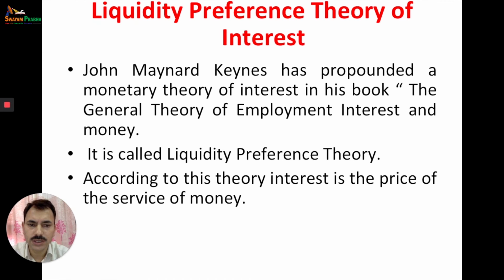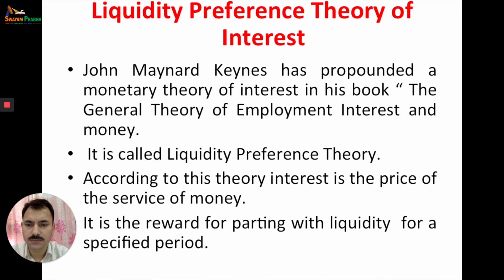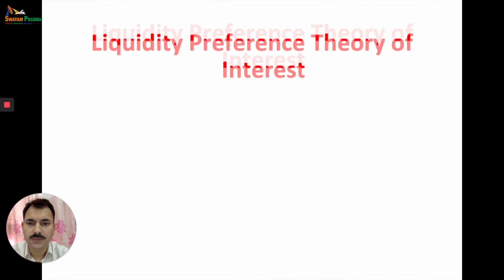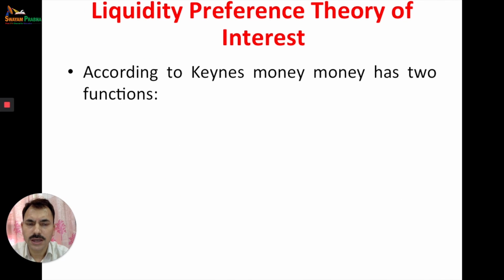According to this theory, interest is the price of the service of money. It is reward for parting with the liquidity for a specified period of time. According to him, money has two functions.